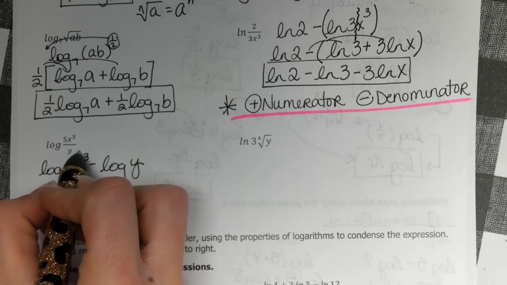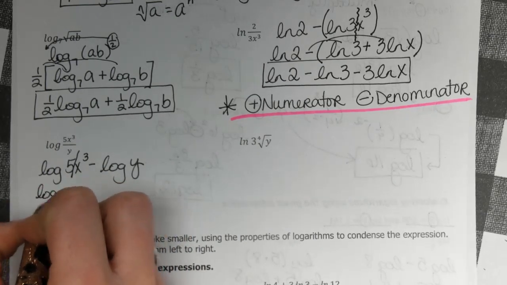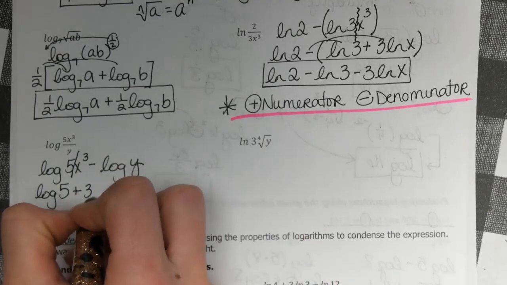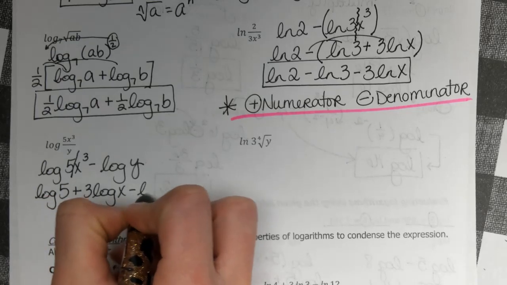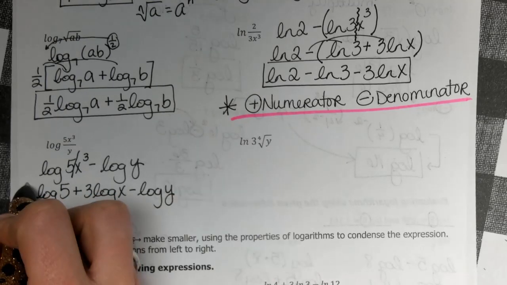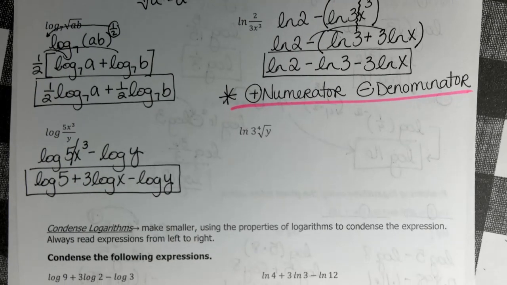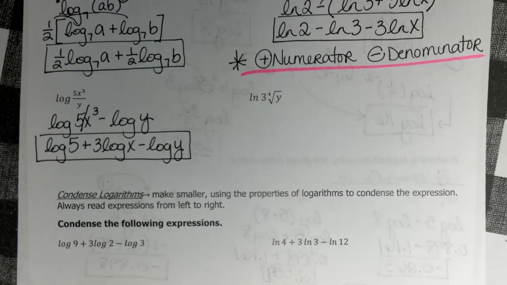Okay, so I can just separate that to be log of 5 plus what? 3 log of x minus my log of y. Okay. I want you to try the next one.